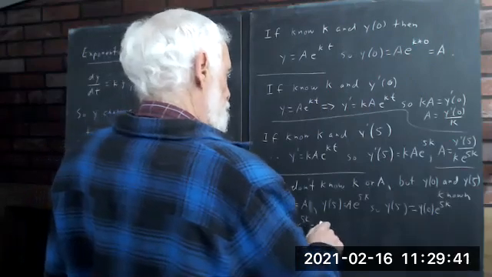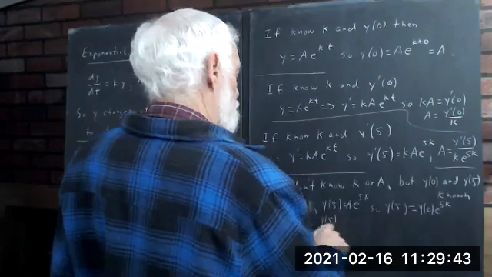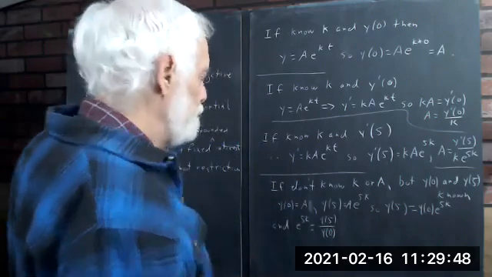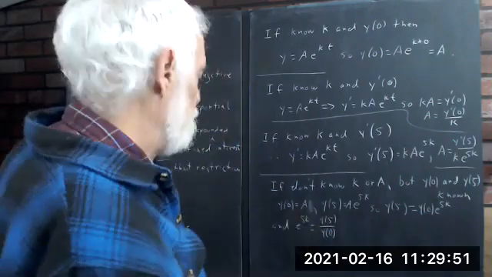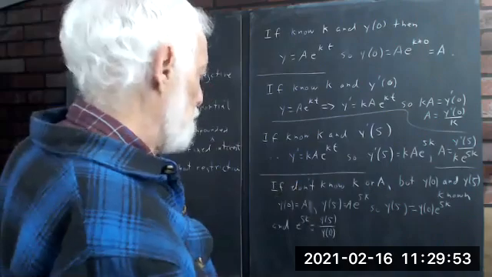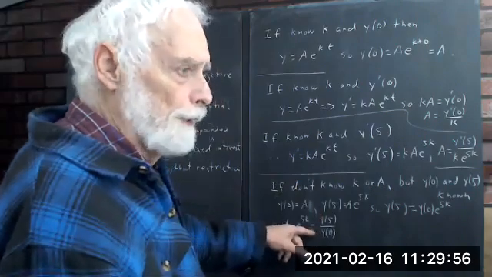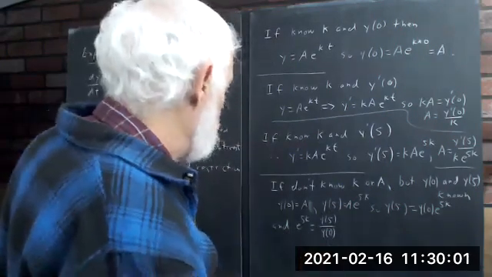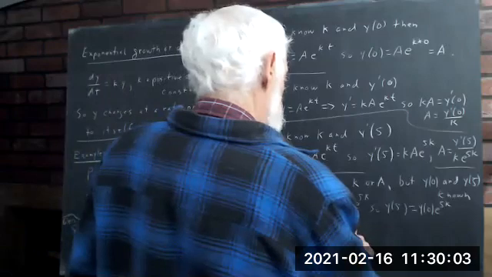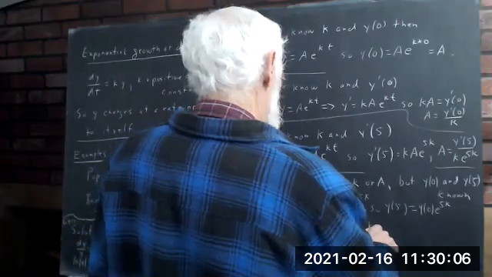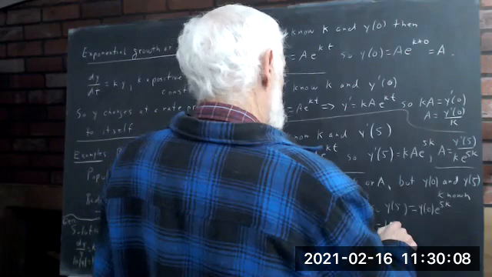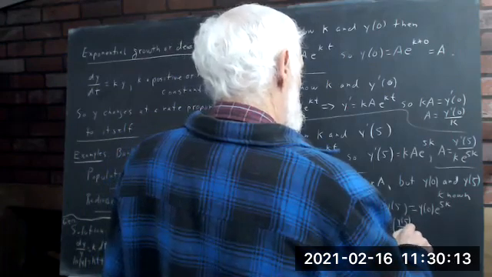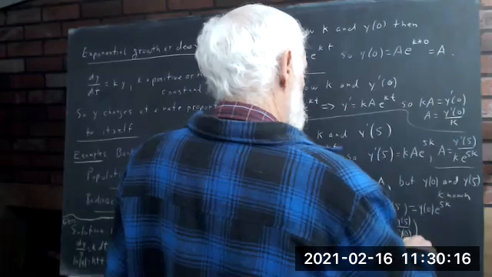And e to the 5k then equals y of 5 over y of 0. Now, in general, there are a lot of implications for the exponential function, given the ratio of two y values. But it really just comes down to what we're doing here. So 5k is the natural log of y of 5 over y of 0.